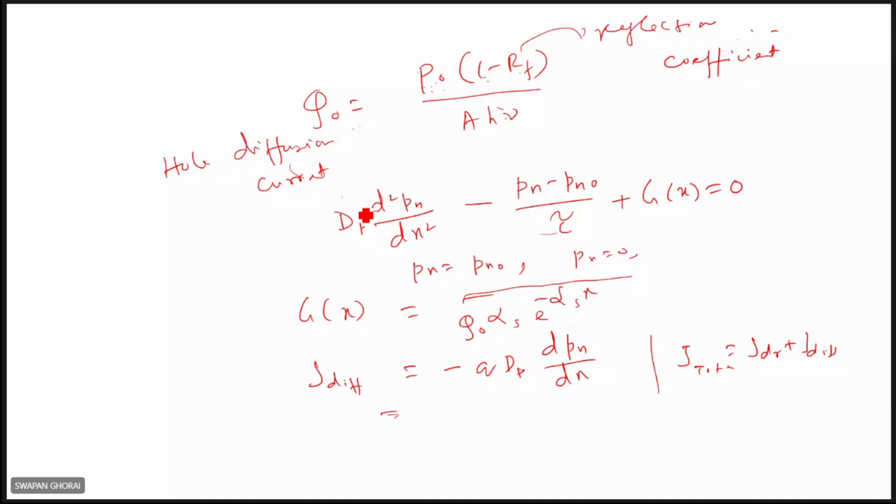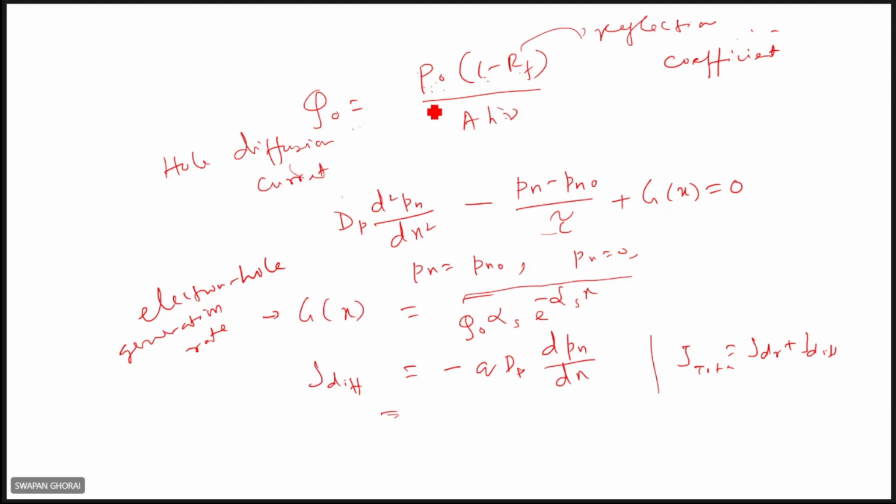Also, in the charge equation you have to consider Gx, but Gx is the generation rate due to the incidence of photons. It is the electron-hole generation rate. So Gx you can consider if phi 0 is the incident photon flux.